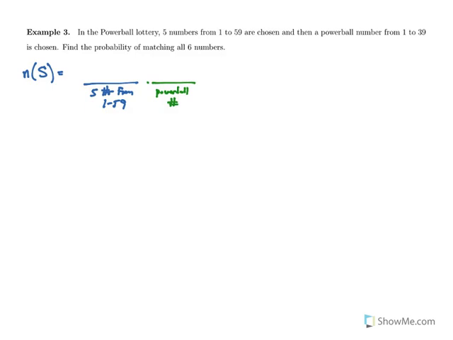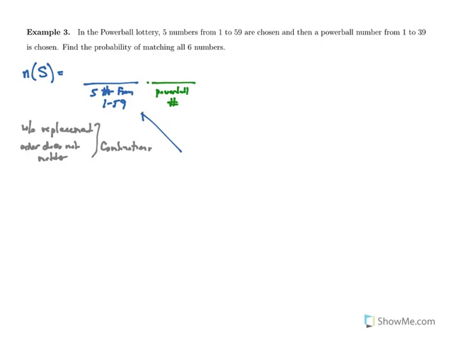We're going to do both of those things, so we can multiply how many options there are for both. In all of these, we are going to be looking at without replacement, and order does not matter. This means we're going to be having combinations.